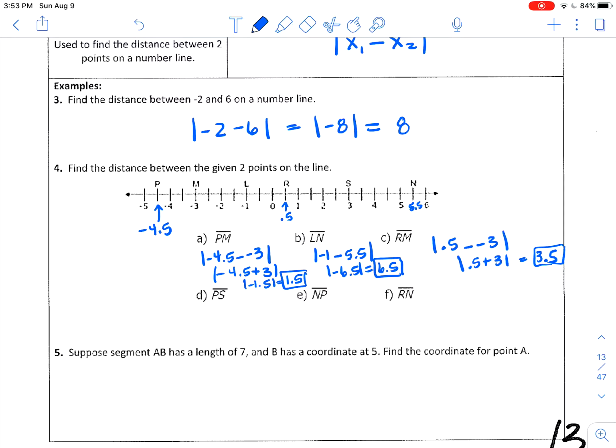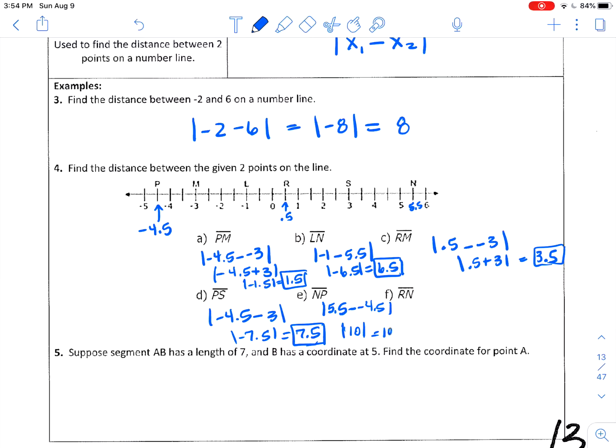For example D, from P to S, again, P is -4.5, S is 3, that is -7.5, and the absolute value of that is 7.5. From N to P, N is at 5.5, P is at -4.5, so minus -4.5, double negative makes that a plus. So what is that?